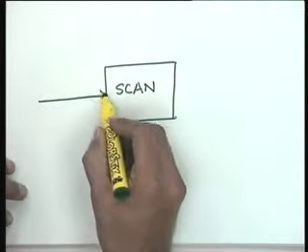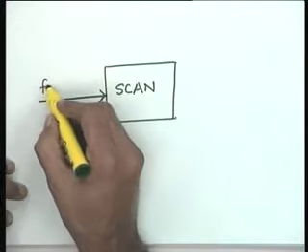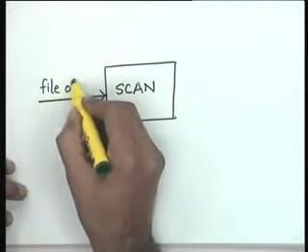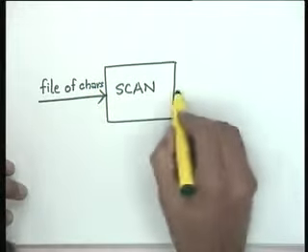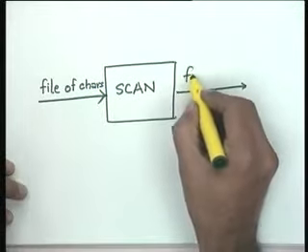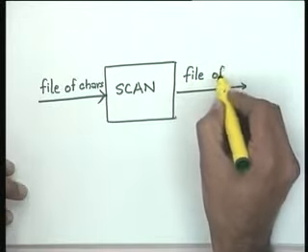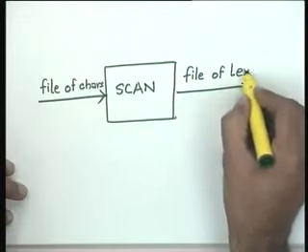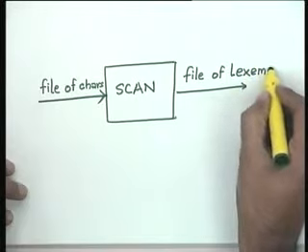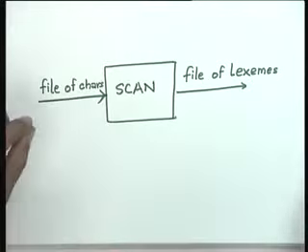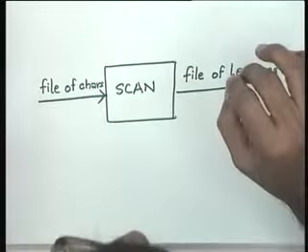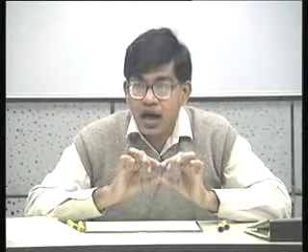So you have the user program, which is just a file of characters, and what you get is a file of lexemes. Yeah, the word file is used in a very general fashion. It does not mean a disk file. It means any unbounded, ordered sequence of objects.